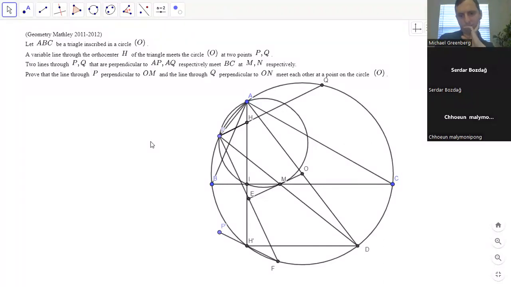And this is true because of the cyclicity of APIM.